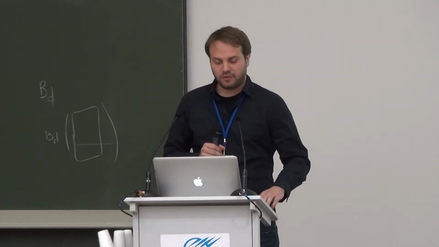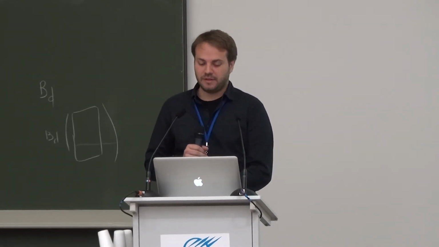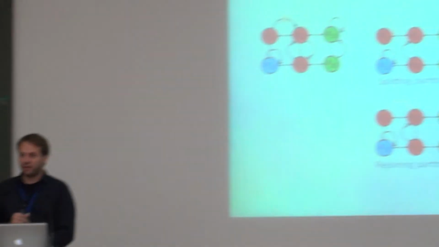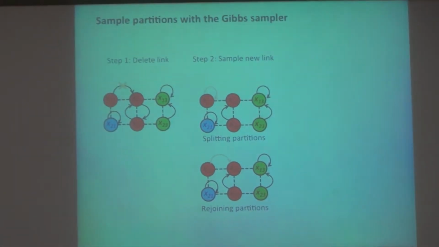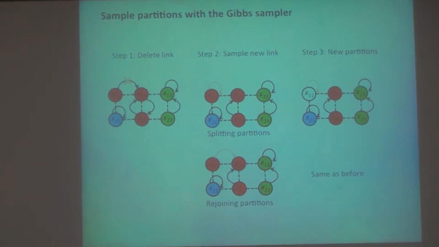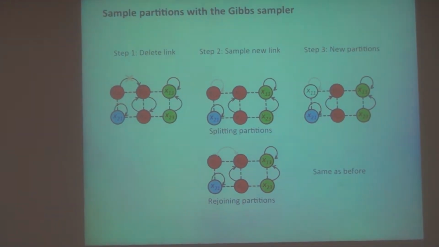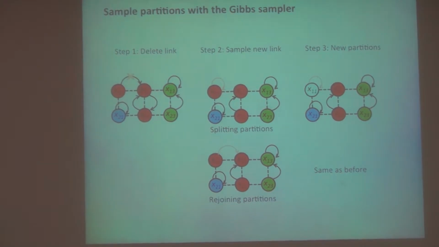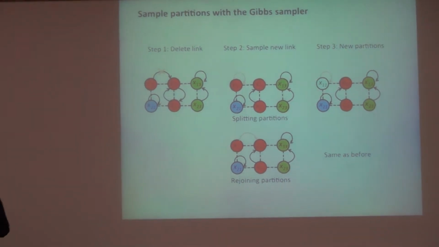And in a Gibbs sampler, this would look like this. We go through the voxels; once we have a starting point, we remove a link and sample a new link according to the probabilities that we saw before. And then there are essentially a few scenarios that can happen. One is that we form a new partition, so we split an existing partition into two.